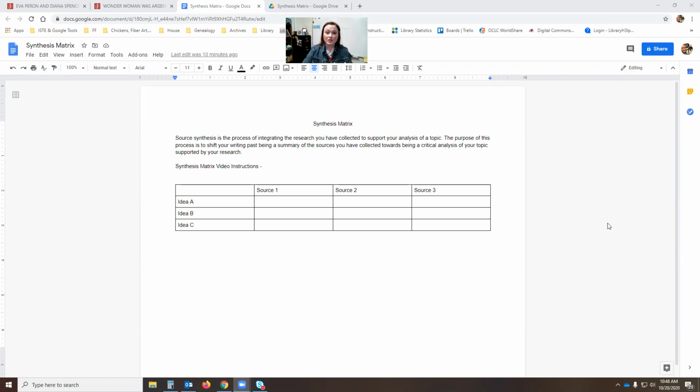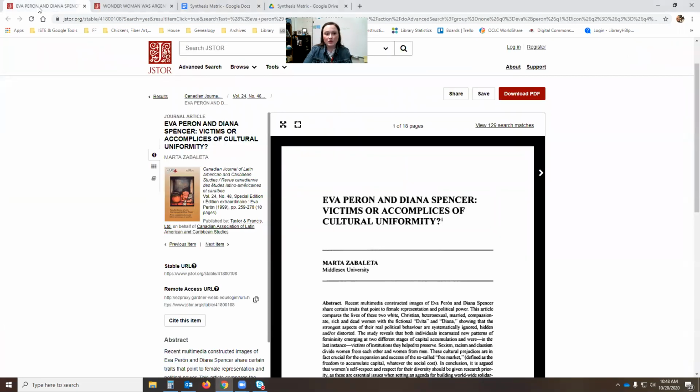So where you want to start is first a critical reading of the sources that you have found. As an example, I have found two sources that dig into the identity of Eva Perón. She was the wife of the former president of Argentina during the 1940s.